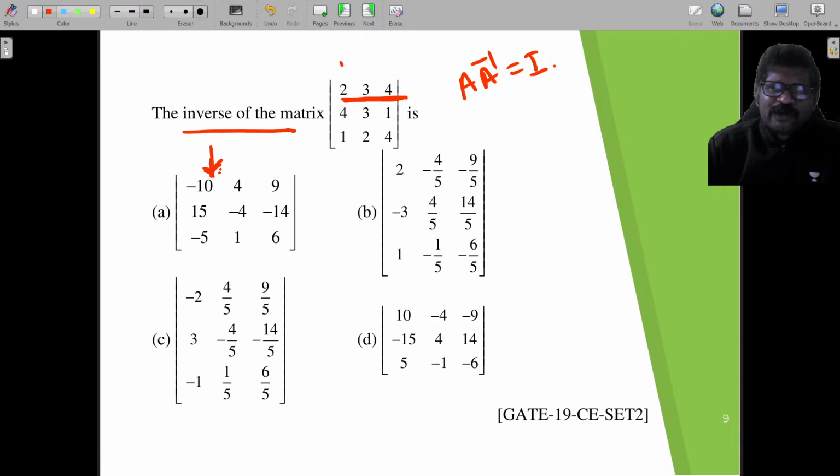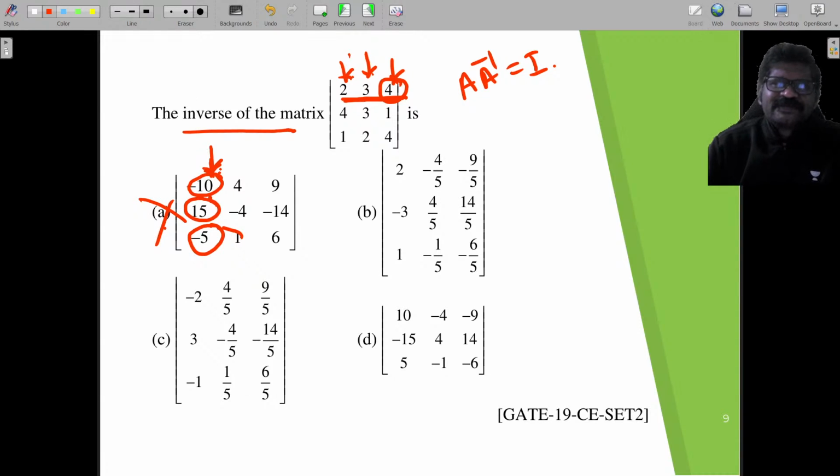Observe. 2 multiplied with minus 10, minus 20, plus 3 into 15, minus 20 plus 45, 25, 25 plus 4 into minus 5, 25 minus 20, 5. It is not 1. Eliminate this option.